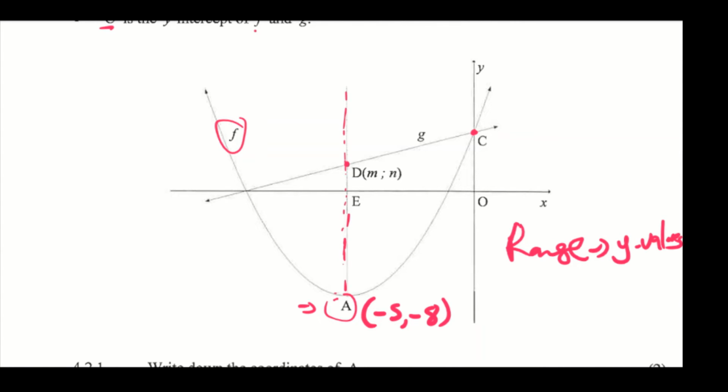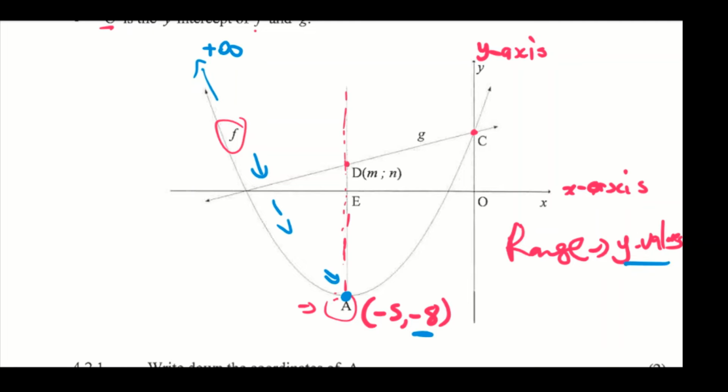When you talk of the range, we want to interpret the movement of y values, right? If this is the y-axis and this is the x-axis, to interpret the movement of y values of this graph of f, we know very well that the y values come from positive infinity, and go down to this minimum point here of minus 8.